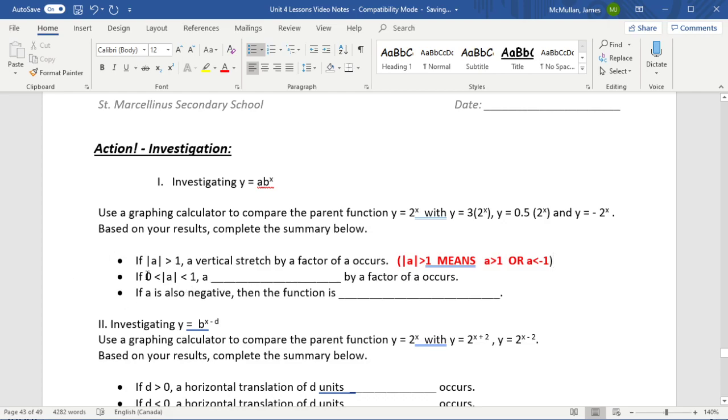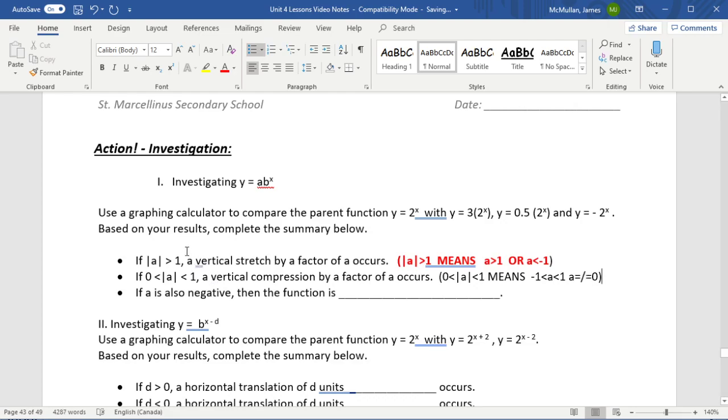Now, if the absolute value of a is in between 0 and 1, you get a vertical compression. Remember, what does this mean? 0 less than absolute value of a less than 1 means negative 1 is less than a, which is less than 1, and a is not 0.